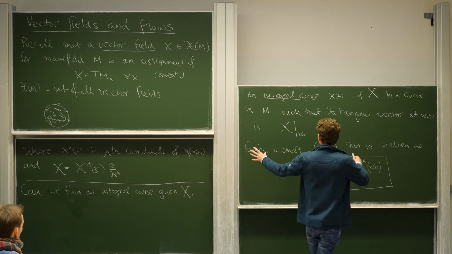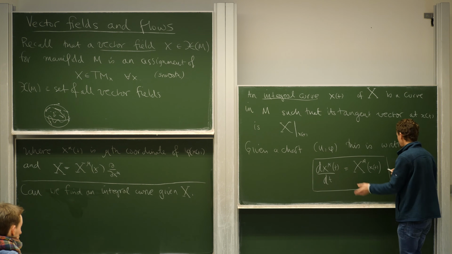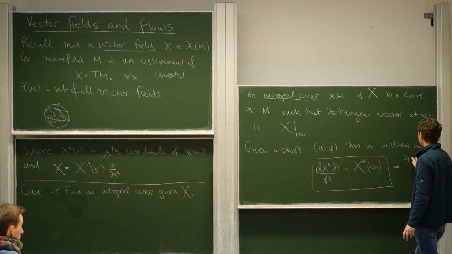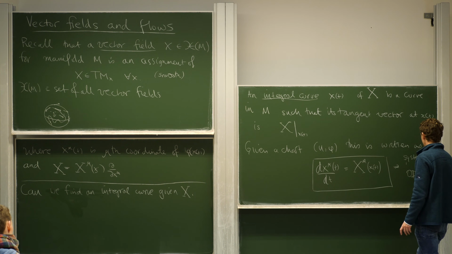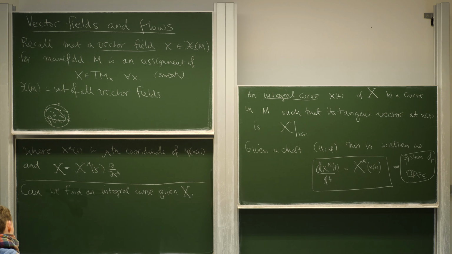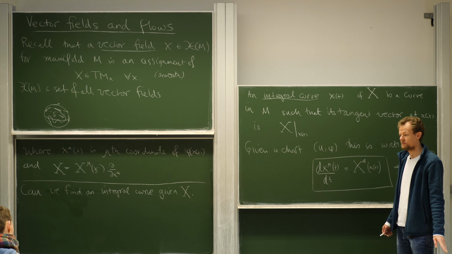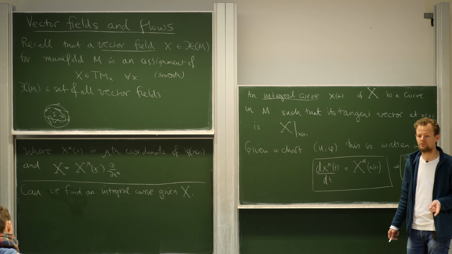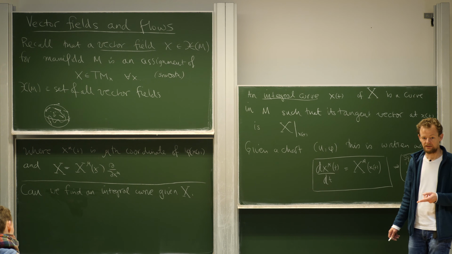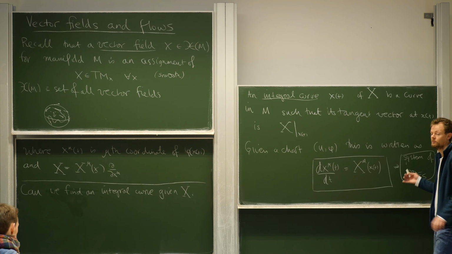So given X, what we have to do to get the integral curve is to solve this system of ODEs. And the question of the existence of an integral curve, finding an integral curve, then becomes equivalent to the task of can we integrate a system of ODEs.